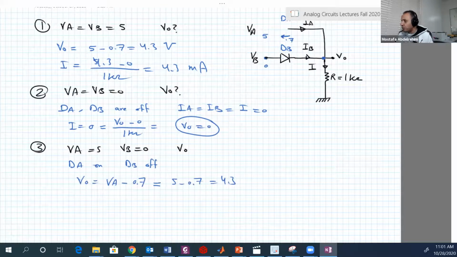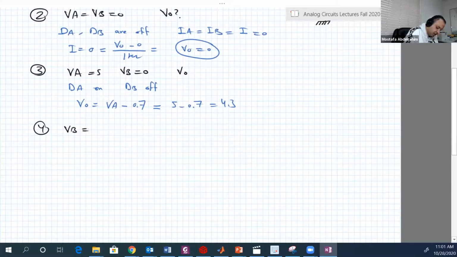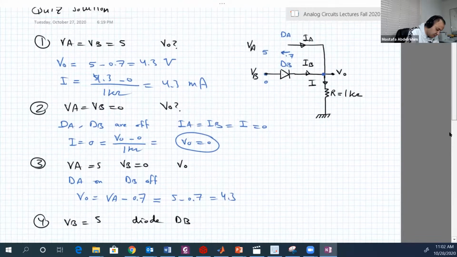Then question 4, when VB is equal to 5, what is the situation of diode DB? So we just mentioned it, okay?